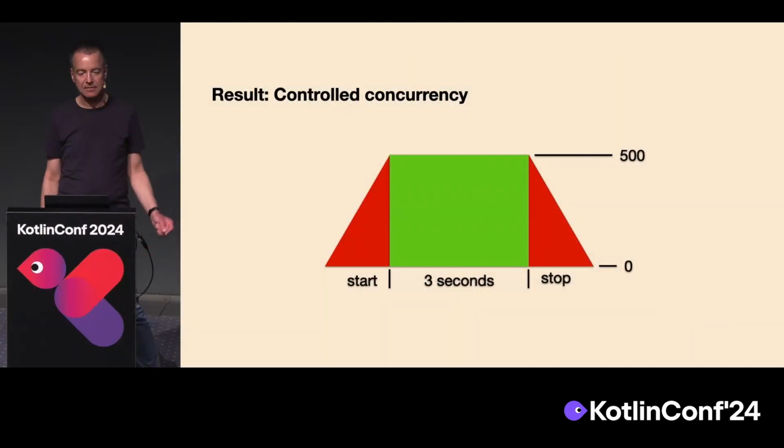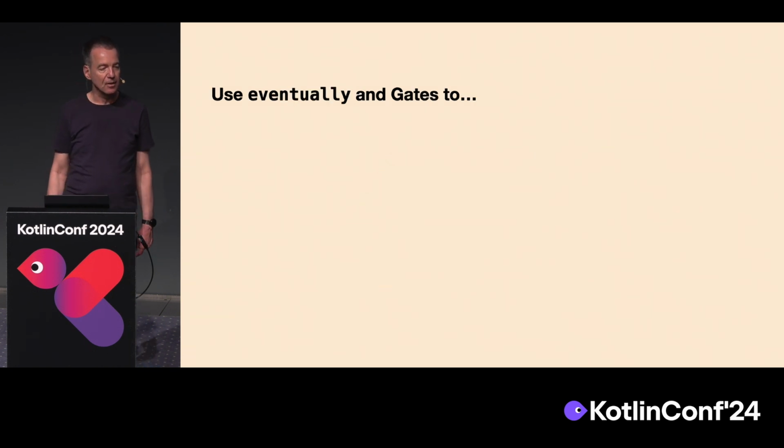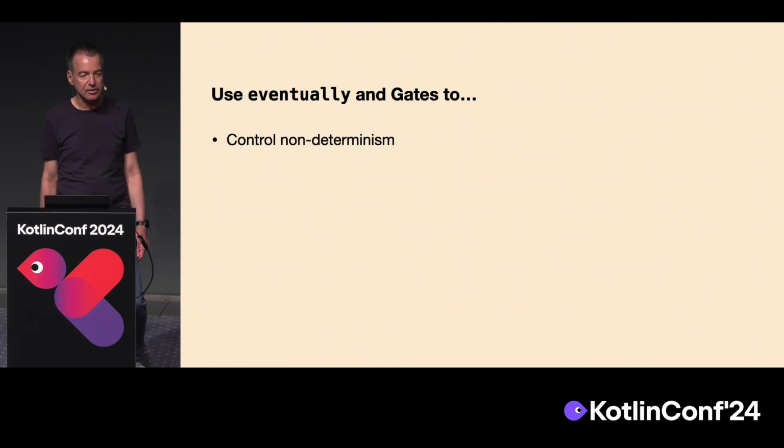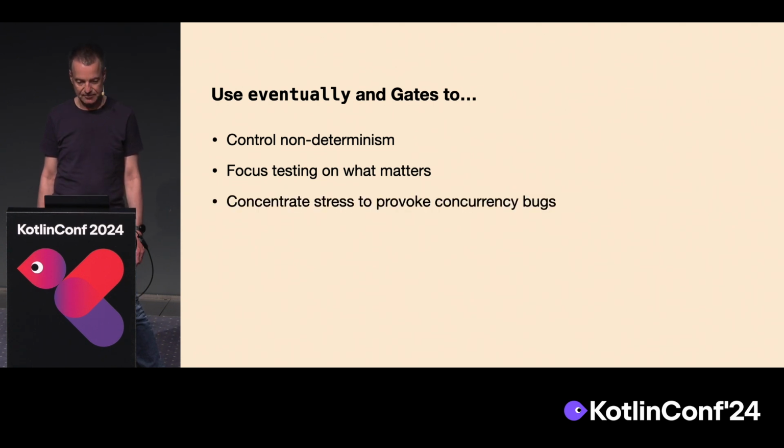And the result is concurrency as we expected, as we want it to be, and not some arbitrary load with some unpredictable results. So we can use eventually and gates to control non-determinism and focus testing on what matters. We can also concentrate stress to provoke concurrency bugs.